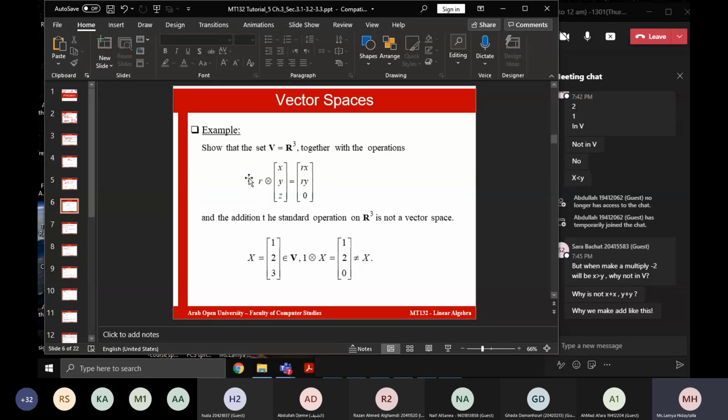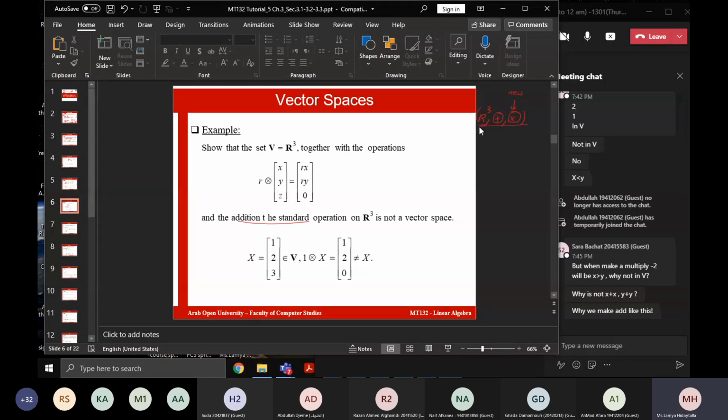Not the usual, standard way of multiplication. Is R3 with the standard addition, the way we use it with vectors, and the scalar multiplication defined in this new way, a vector space or not?